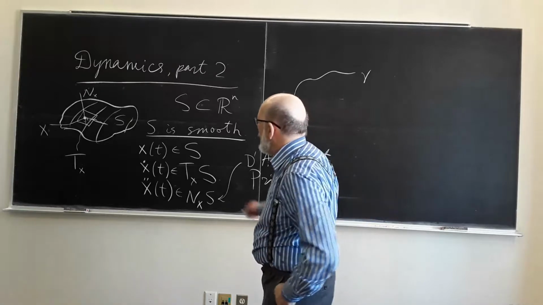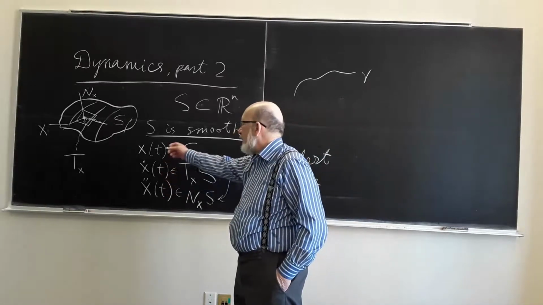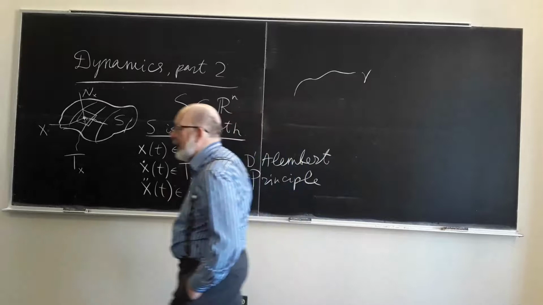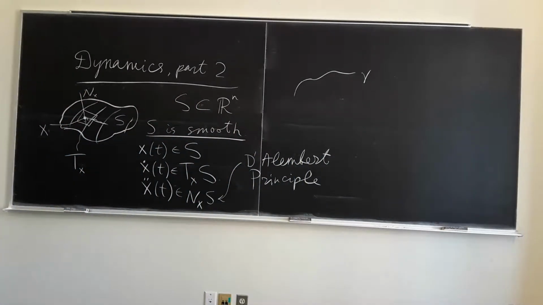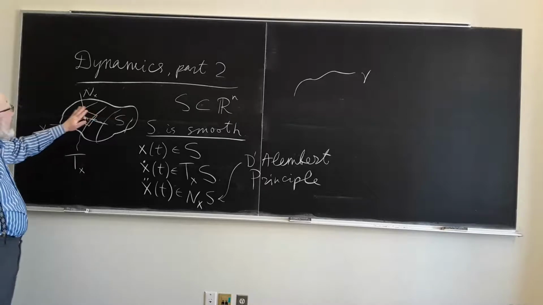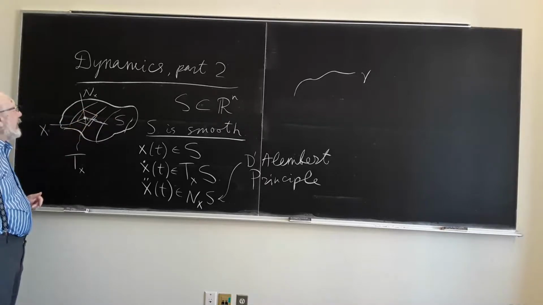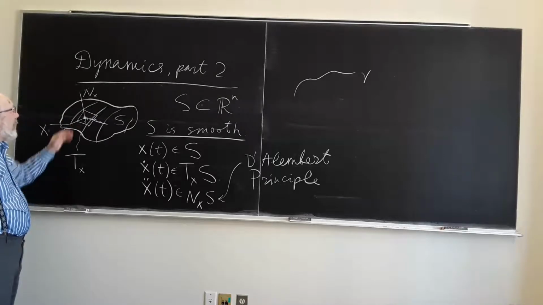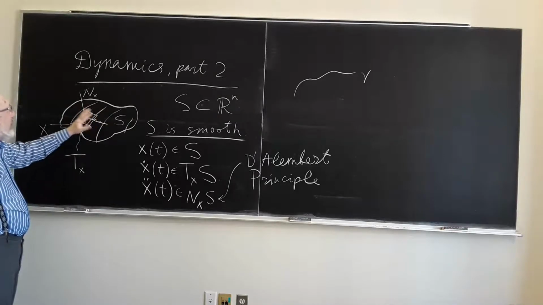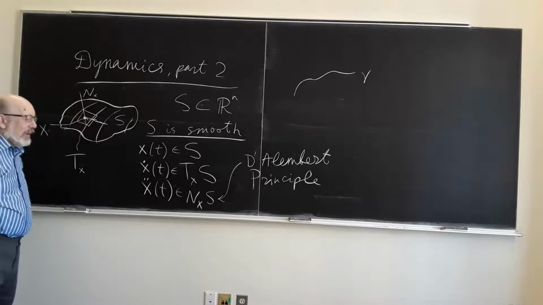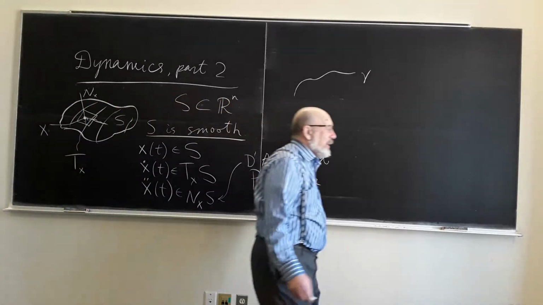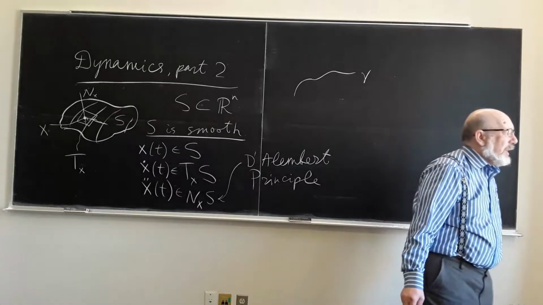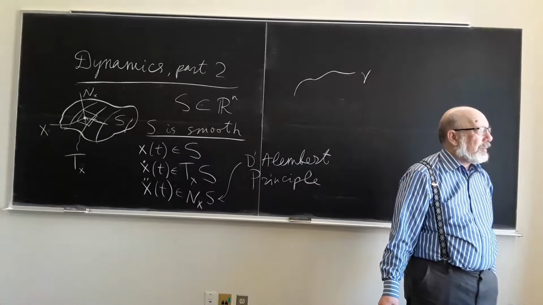Namely, this gives a good equation for geodesic if manifold S is twice differentiable, so that the tangent plane has, I would say, good derivatives along S. Then the geodesics make sense.